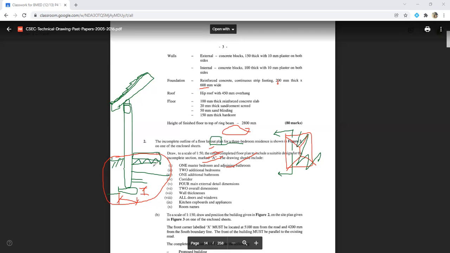You would use the hard core along with your rocks and the earth to bring the floor up to the level of the ground level. And then you would use your concrete. So the concrete typically is on top of the hard core, above the floor level. Below the floor level, we have the earth.